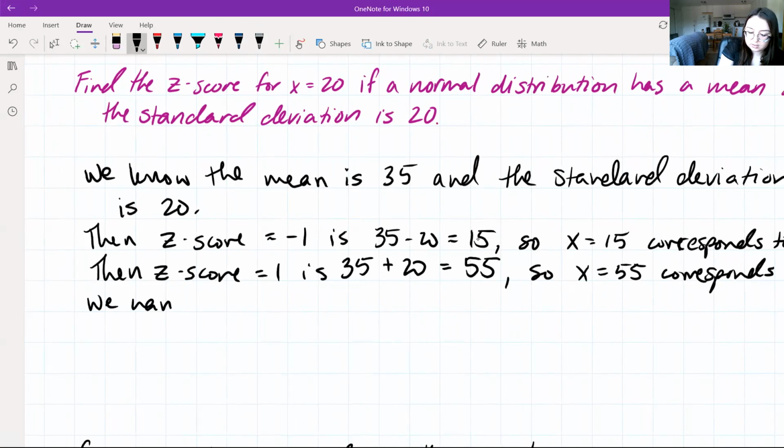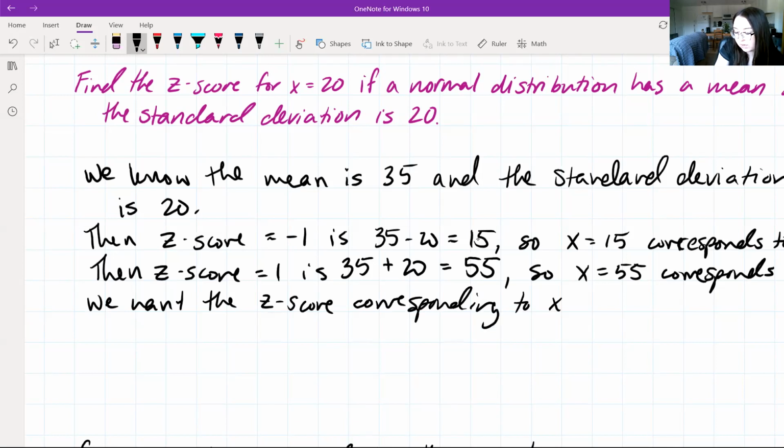So we want the z-score corresponding to x equals 20.